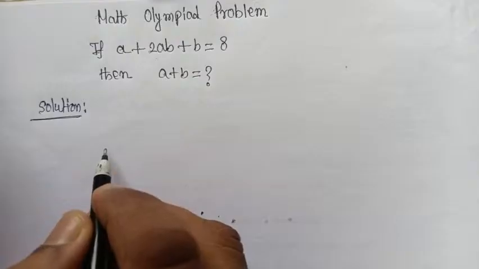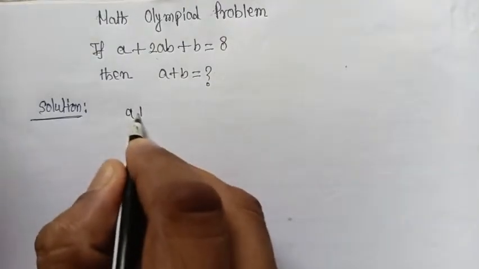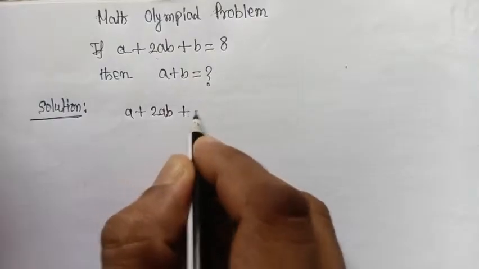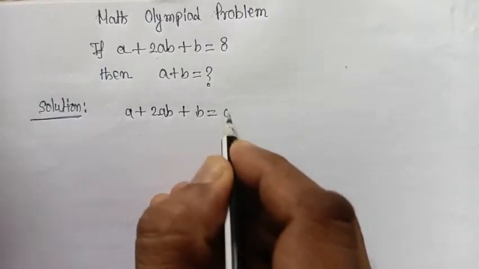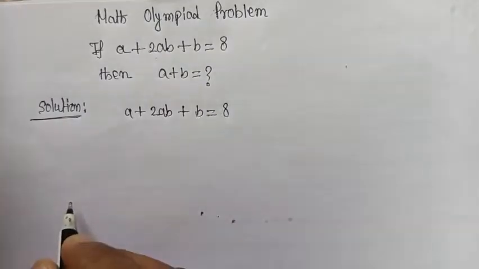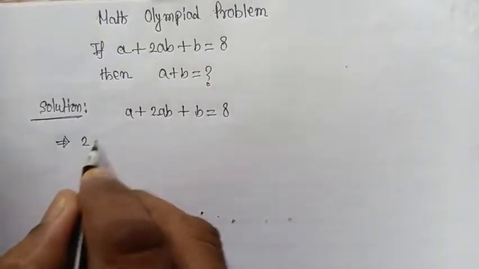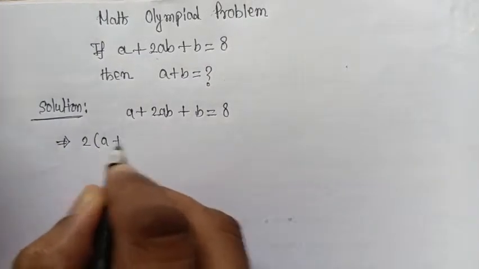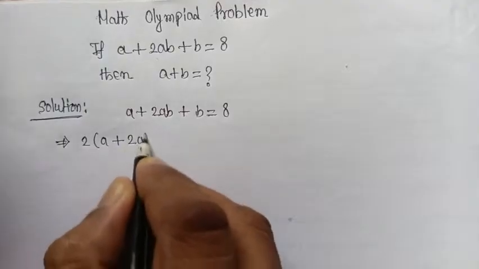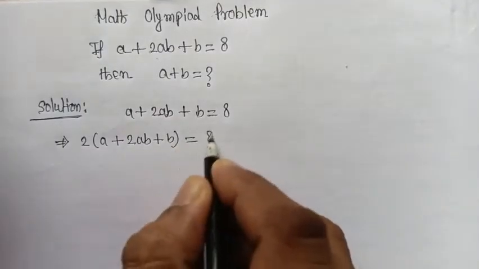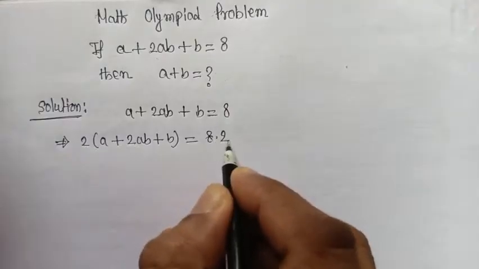we have the equation a plus 2ab plus b equals 8. Now we are going to multiply both sides by 2, like 2 times (a plus 2ab plus b) equals 8 times 2.